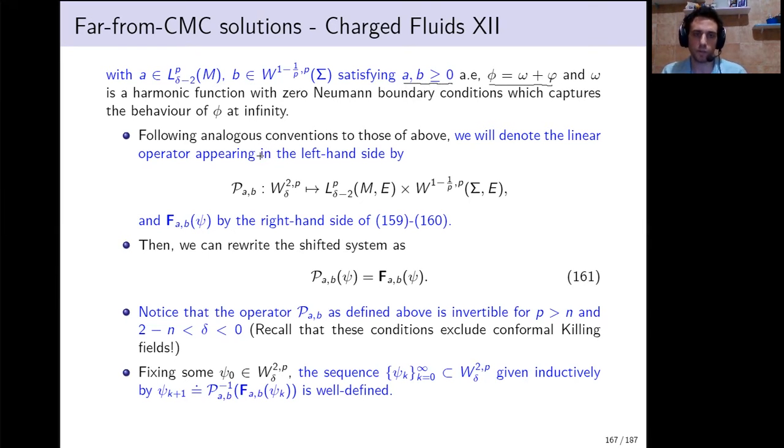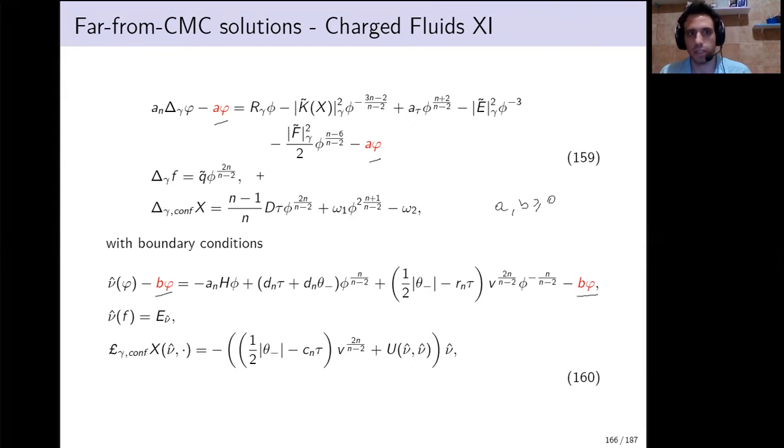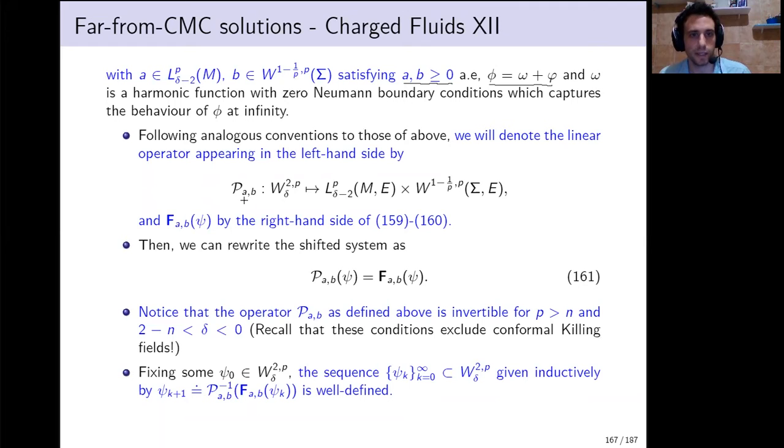And here we are going to keep our notation. So we're going to denote the linear operators appearing here by this P sub AB, and the right-hand sides by this boldface F sub AB, acting on sections of our vector bundle. And therefore, we can write the shifted system now by this expression.